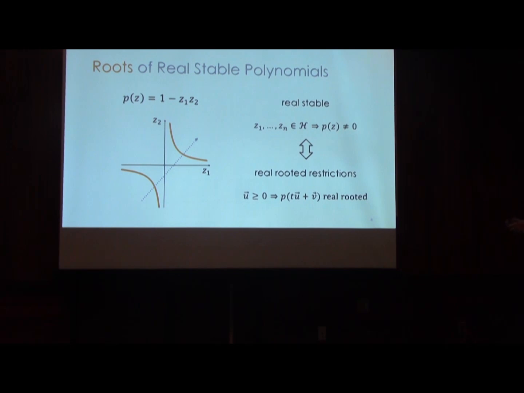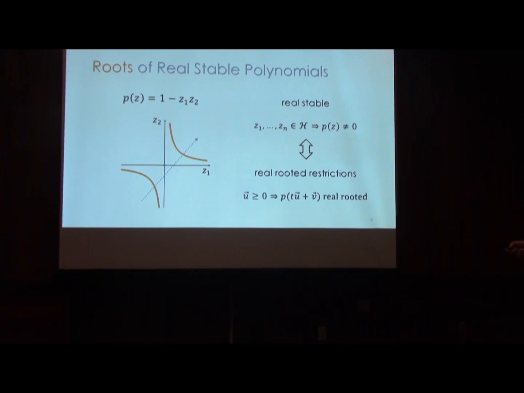Now there is this equivalent definition for real stability, which we are going to be using sometime later, which works with the roots of the polynomial in the real plane. It doesn't deal with complex numbers at all. That definition is that if you look at this polynomial at any linear restriction, take P of t times u plus v, where u and v are vectors.